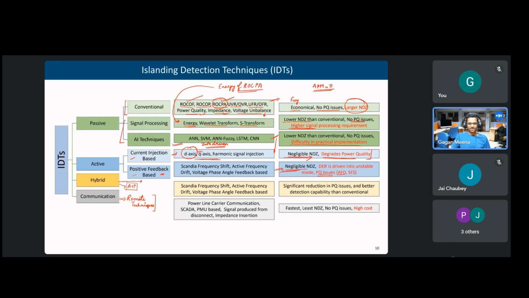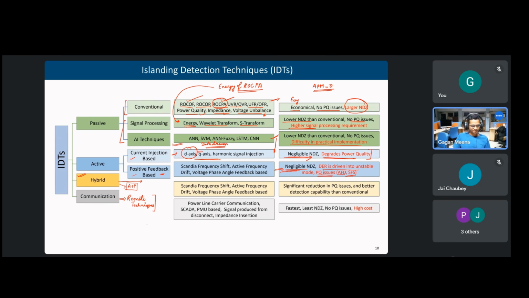Any idea? It is a mixture of two. It will have some advantage of both. Yes, that is true. So what is that advantage? Not very much sure. Thank you for responding. You made a good try.